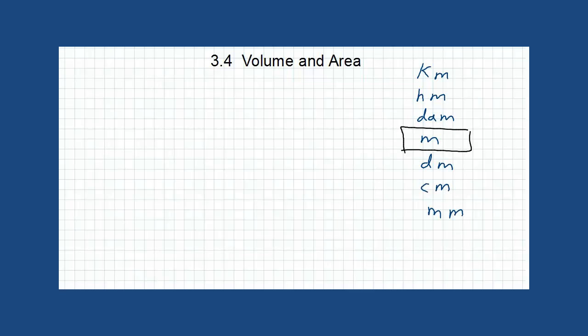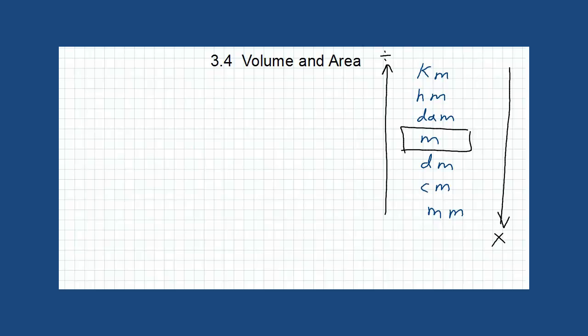If you remember, we said that if we change from large unit to a small unit, we should multiply, and if we change from small unit to large unit, we should divide.